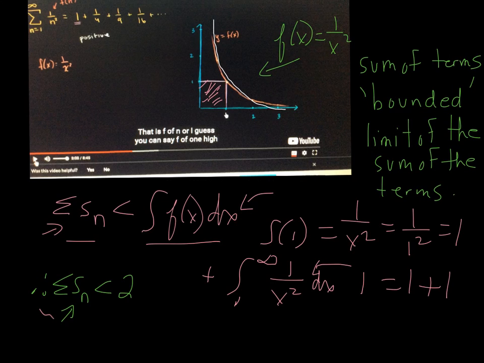We haven't arrived at the total yet, but we know we're not going to go over 2, because that's the total area under this curve. That's what they mean by the sum of terms being bounded. It just means there's an upper limit, a number we're never going to reach, but we can see it in the distance, just like a limit. We're getting there. Our answers are 1.999999999, but we're not getting to 2 because we never will.